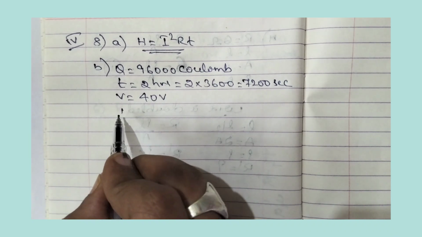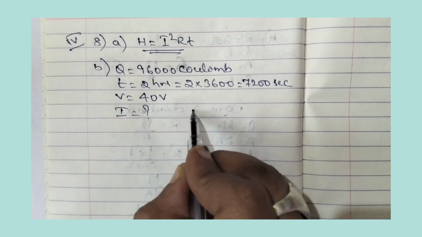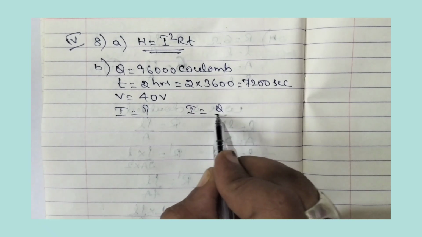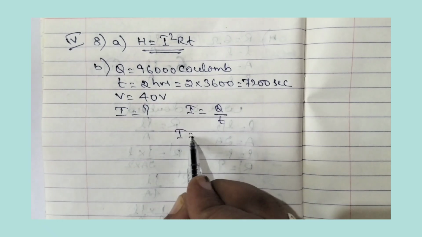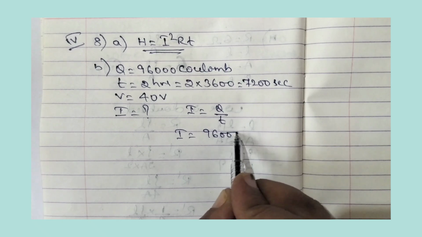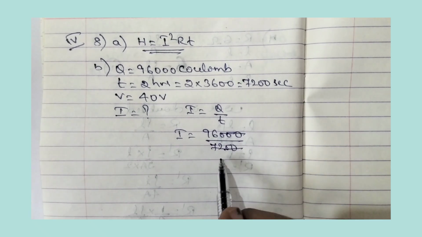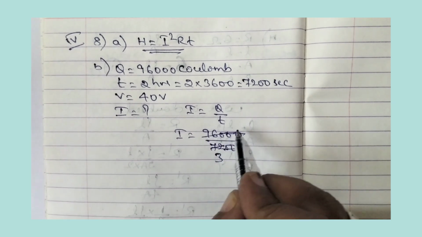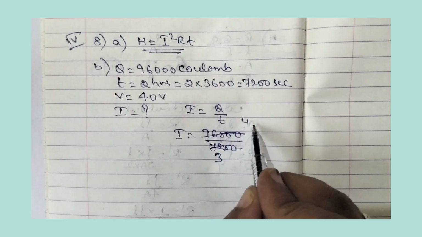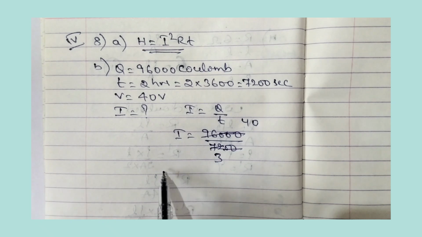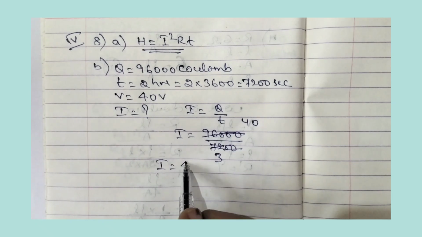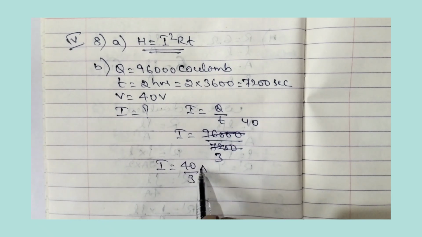First you calculate I. I is equal to Q by T. I is equal to 96,000 divided by 7,200. 20 20 cancel. Then we have to divide by 12. 24 threes are 72, 24 fours are 96, then 0 is remaining. So I is equal to 40 by 3 ampere.